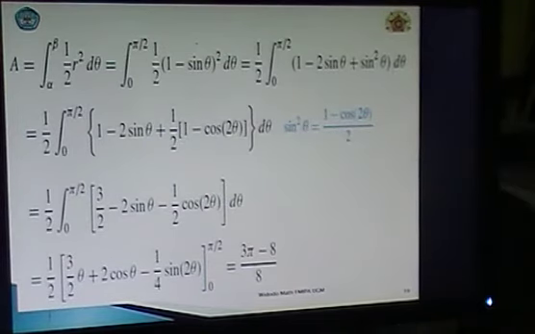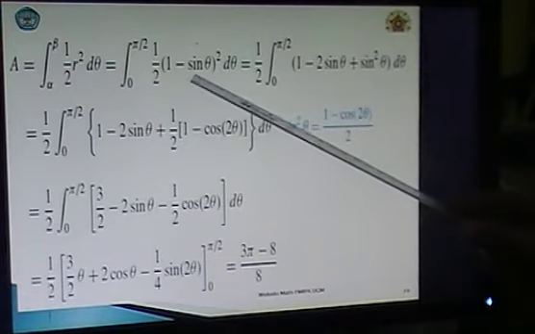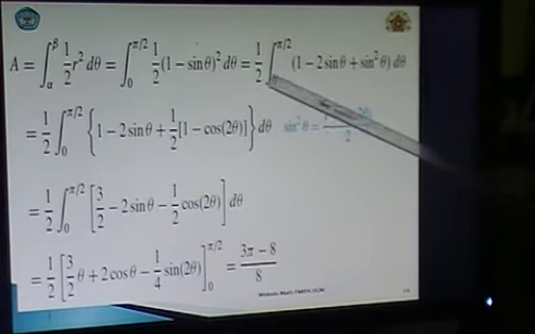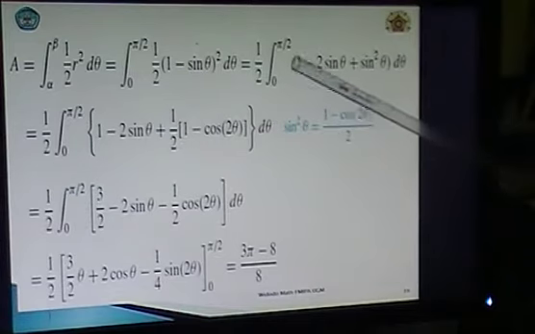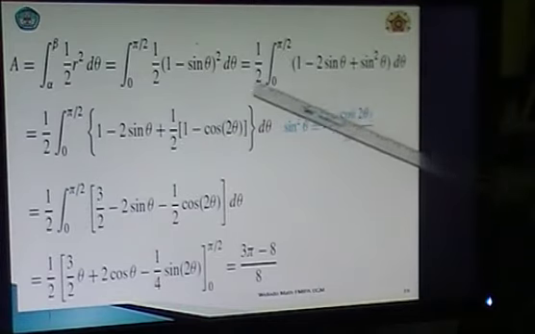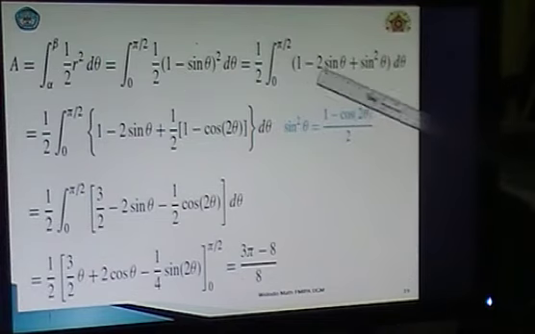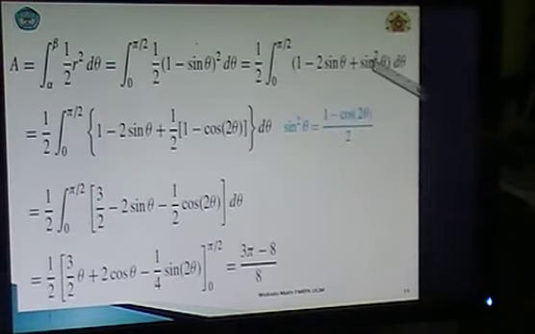And if we calculate, it can be easily calculated just by expanding the square, which is equal to 1 over 2 times the integral between 0 and pi divided by 2 of this expression: 1 minus 2 sin theta plus sin squared theta. Because sin squared theta is equal to (1 minus cos 2 theta) divided by 2, we substitute the right side here for this sin squared theta.